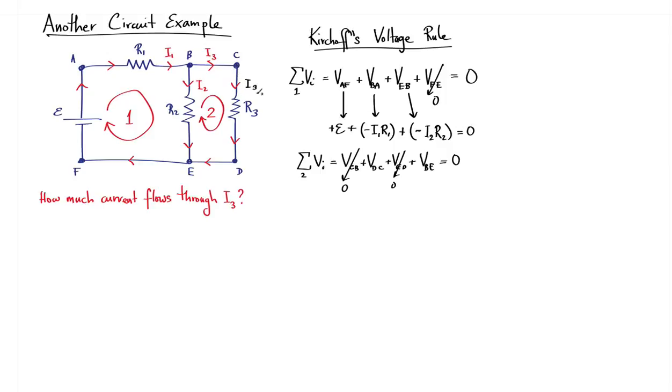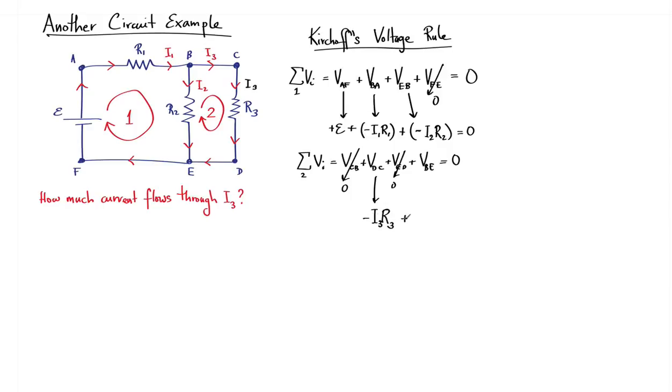So V from C to D, using Ohm's law, is the current I3 times the resistance R3, and then we need to know if this is positive or negative. In this loop, we're going from C to D with the current, so that's going to be a negative.